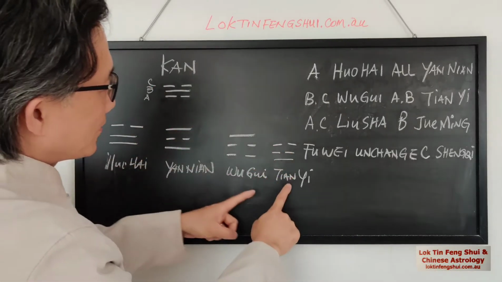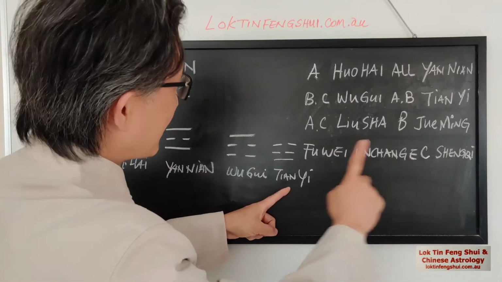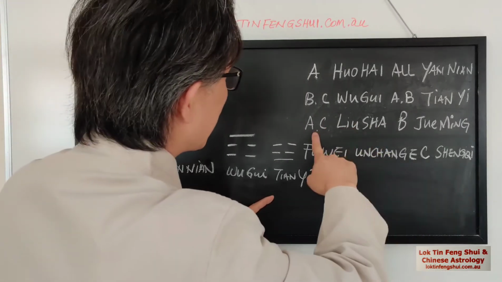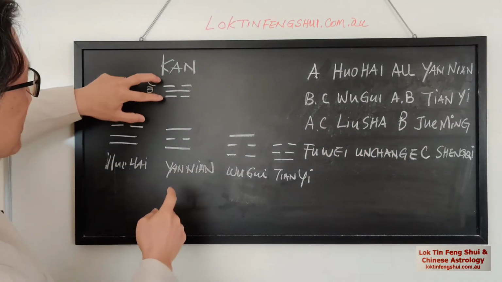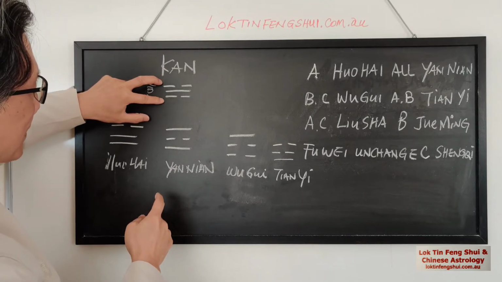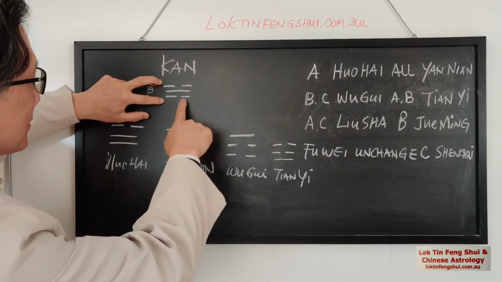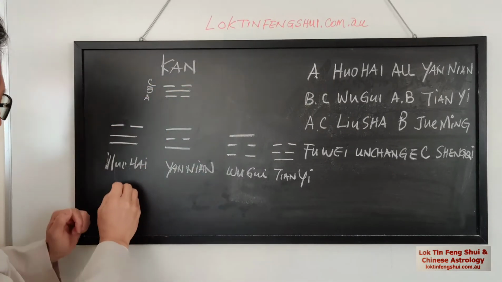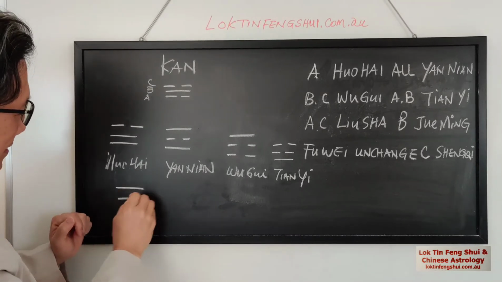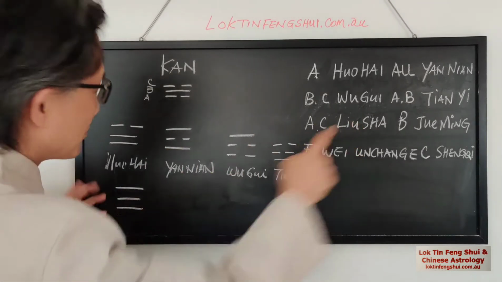And then AC is Liu Sha. AC means the top and the bottom. They are both yin, so we change them to yang, yang, yang. So that becomes the Liu Sha.